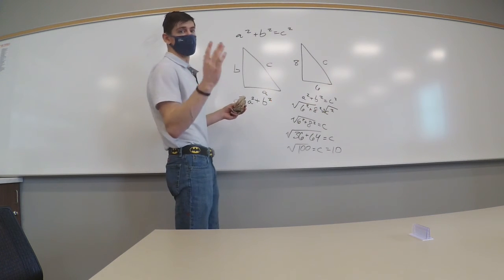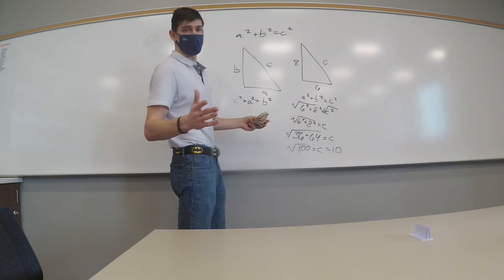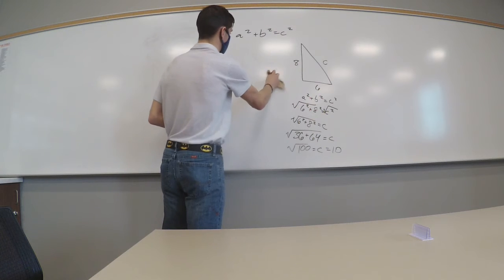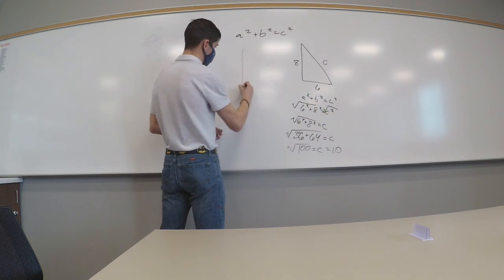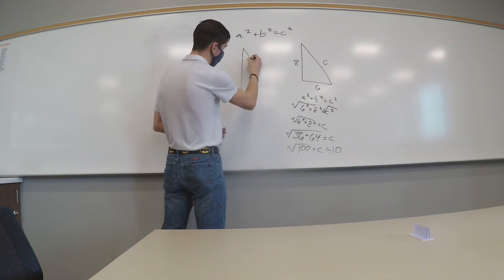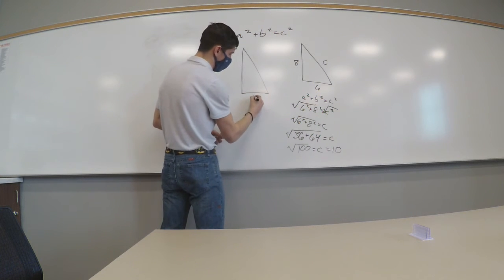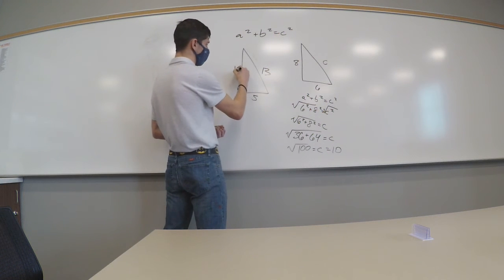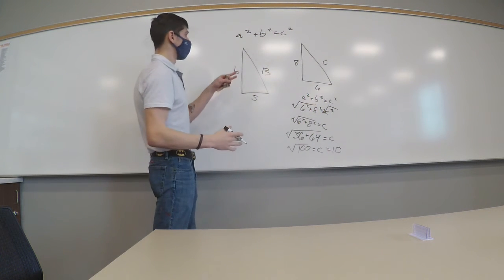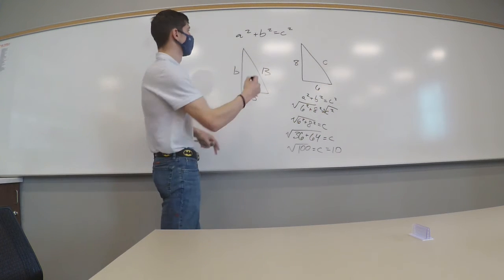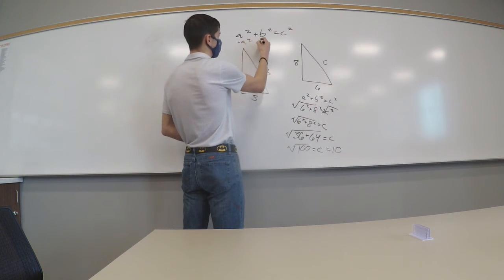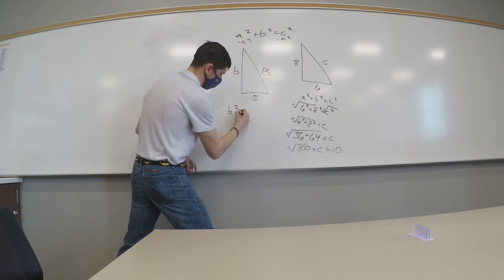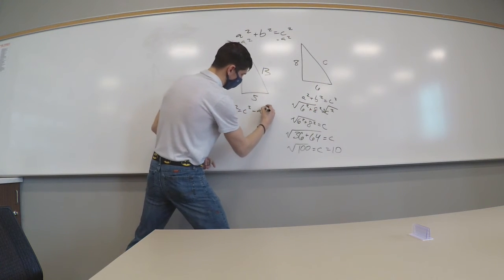All we have to do is rearrange our general formula. First, let's draw our new triangle. In this case, we'll make A 5, B, C 13, and in this case we'll be solving for B. In order to isolate B in our general equation, we have to subtract A squared from both sides, giving us that B squared is equal to C squared minus A squared.